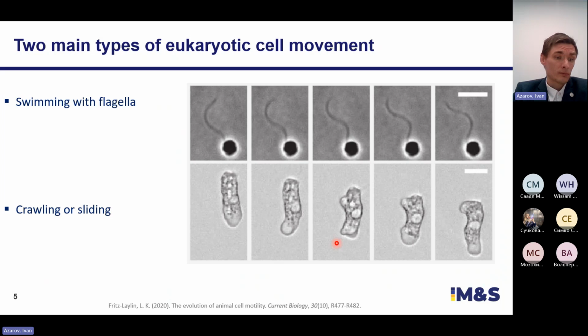We know also that prokaryotes and especially bacteria can also use flagella, but their flagella are built on other physical processes, closer to, for example, a corkscrew. The other type of eukaryotic cell movement is crawling or sliding, we can say gliding, of cells on some surface or some elongated structures. And today I'm going to describe the second type of motion.